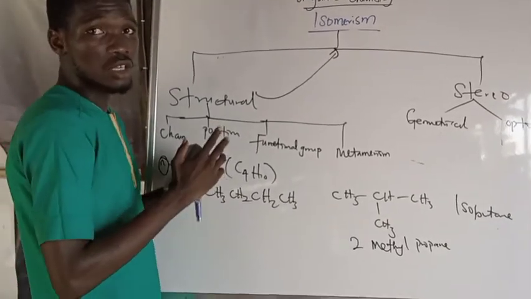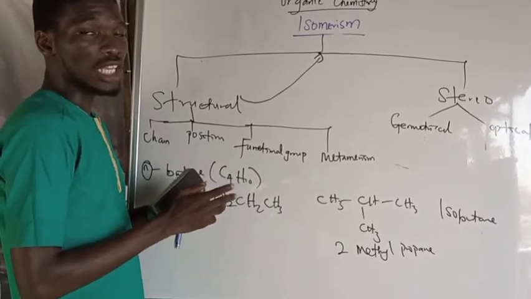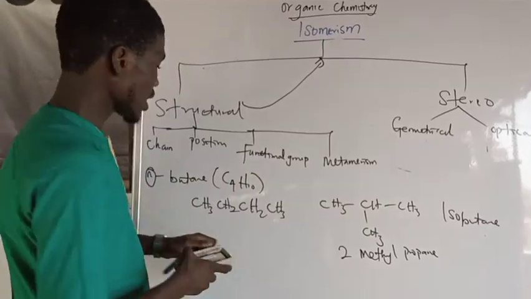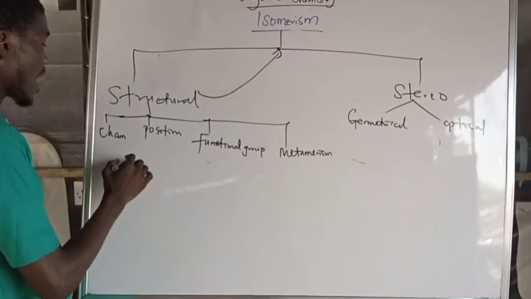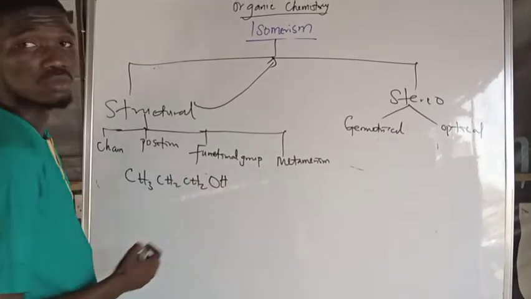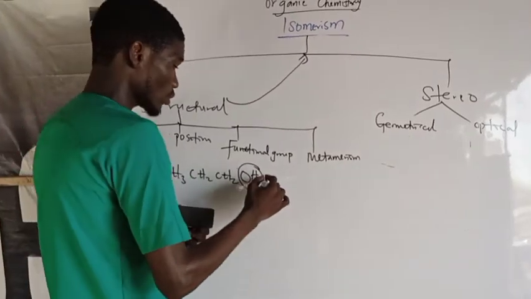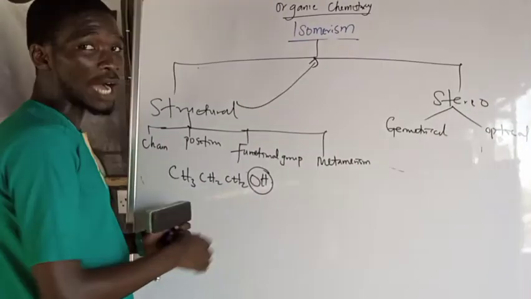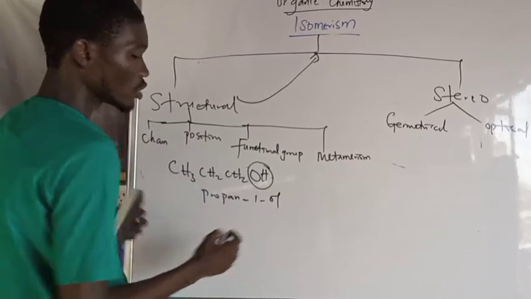Then the second one is position isomerism. These are those substituents which are positioned differently on the same carbon skeleton. Example, we have CH3, CH2, CH2, OH. This OH is a functional group. That is the hydroxy compound. I can call this compound propan-1-ol.